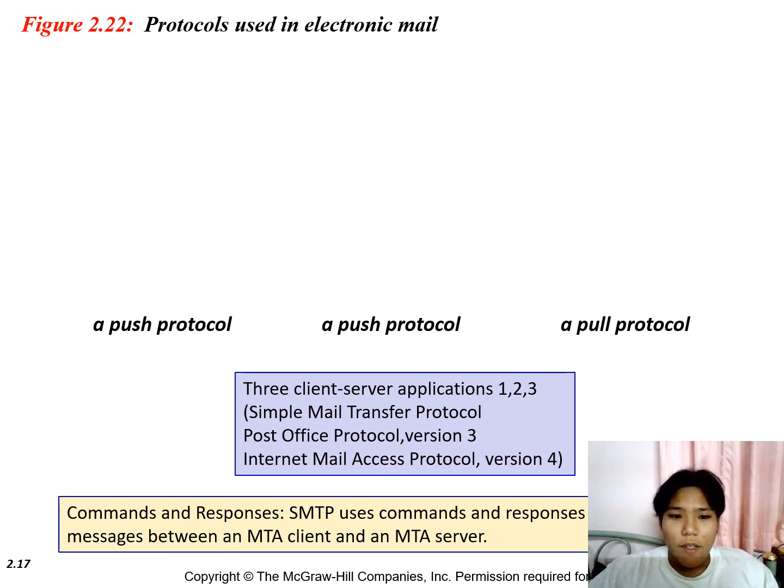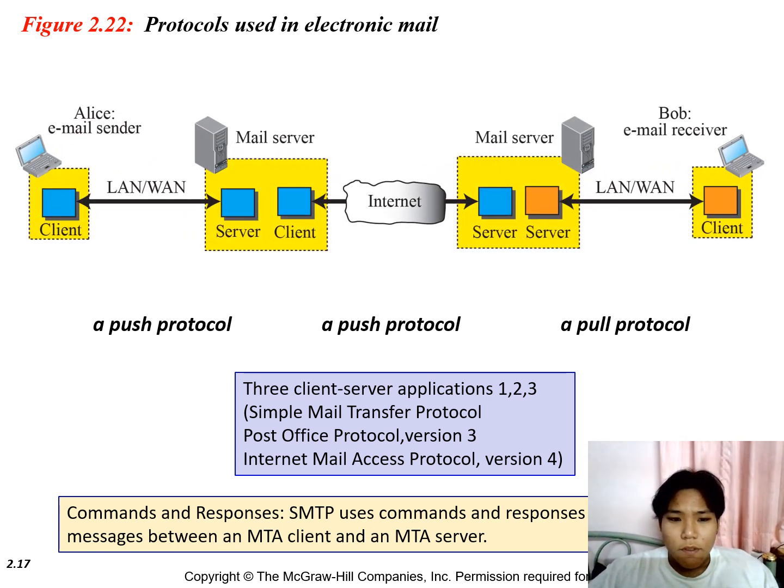Protocols used in electronic mail. This is a picture about protocols in electronic mail. We have three parts. The first is a push protocol, for which we use the SMTP protocol.